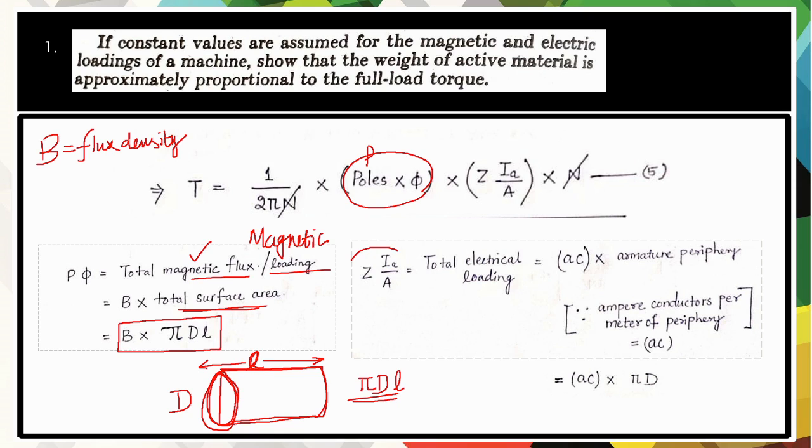Similarly here, Z into Ia by A, we consider as total electrical loading. And total electrical loading, we can say it is equal to ampere conductor per meter of periphery into armature periphery. Ampere conductor per meter of periphery, we denote it as AC.